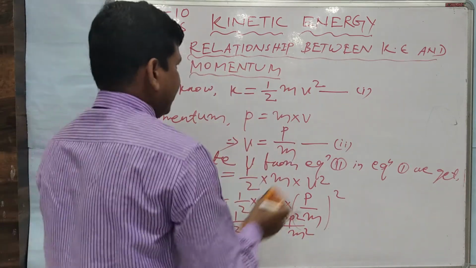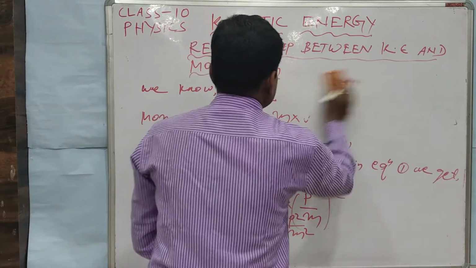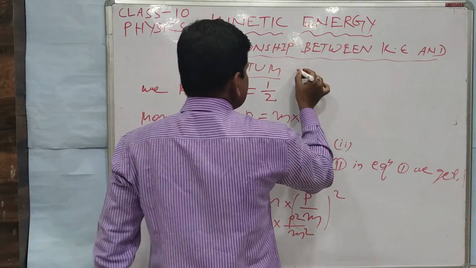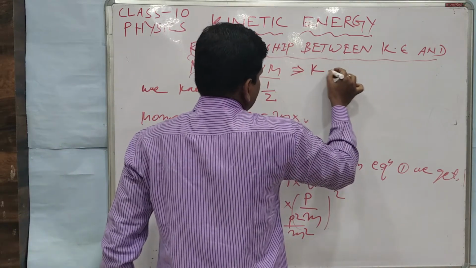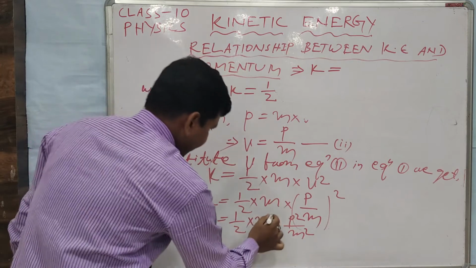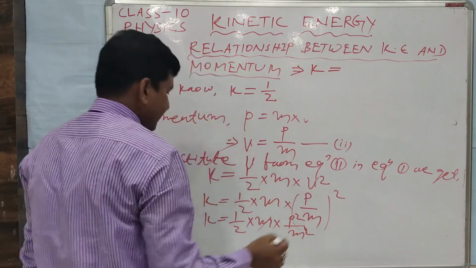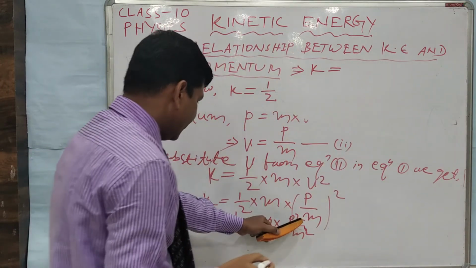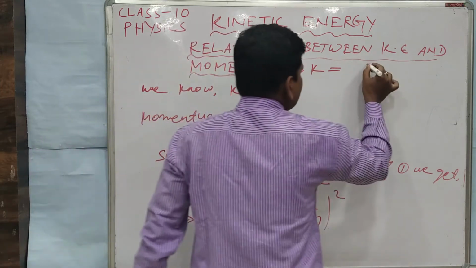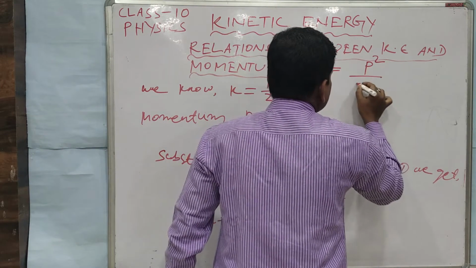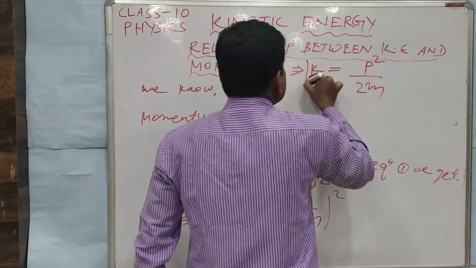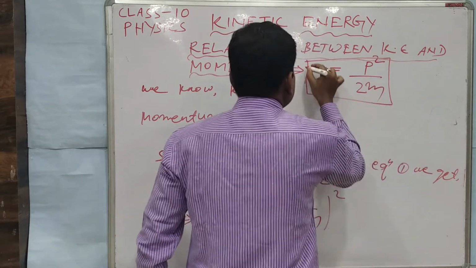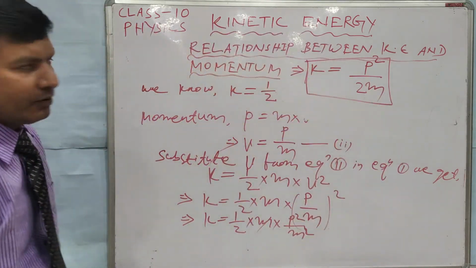Isn't it? So that implies K is equal to, now m and one m is cancelled over there. K is equal to, what are you getting here? P square divided by 2m. P square upon 2m. So this is how the kinetic energy and the momentum are related to each other.